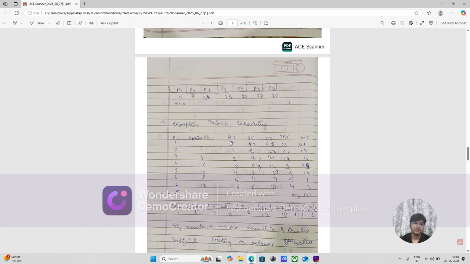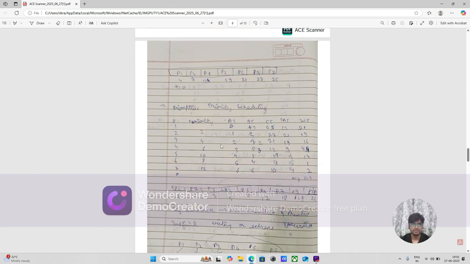The CPU is allocated to this process, and it runs 1 second only, then the other process comes. This one has priority 3, but the other is 2, so that is the minimum. So this process goes again to the ready queue, and the CPU is allocated to the other one. That is because of the time sharing and the priority.